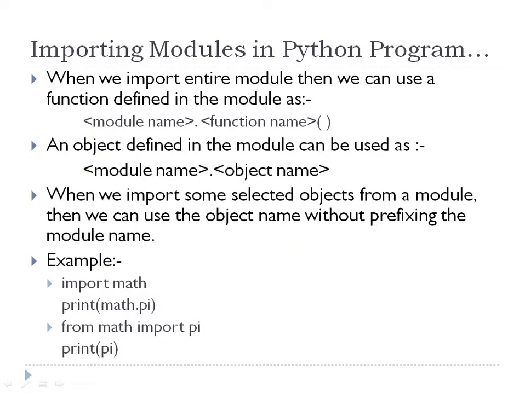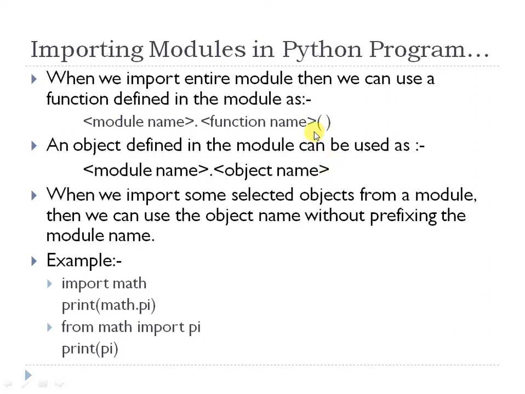When we import the entire module, then we can use a function defined in the module as follows. It will be like the name of the module dot the name of the object or function. Okay, if it is a function, then it will be followed by parentheses. If it is an object, then it will not have any parentheses.